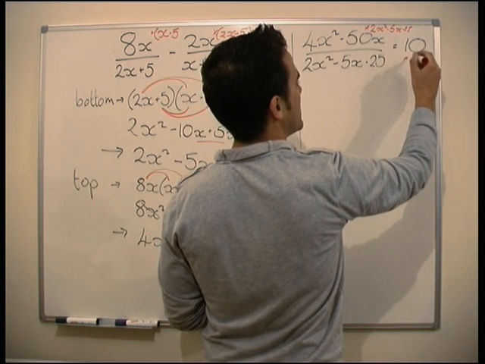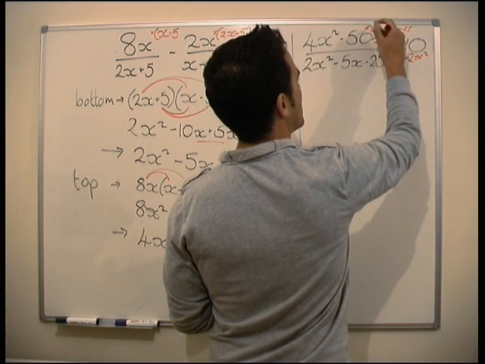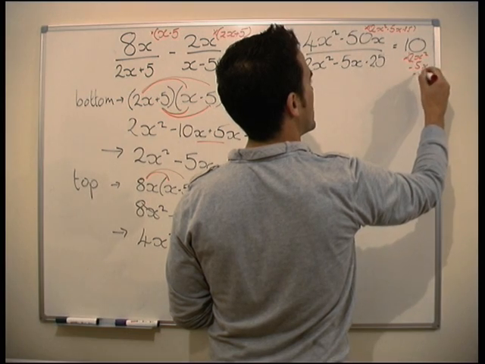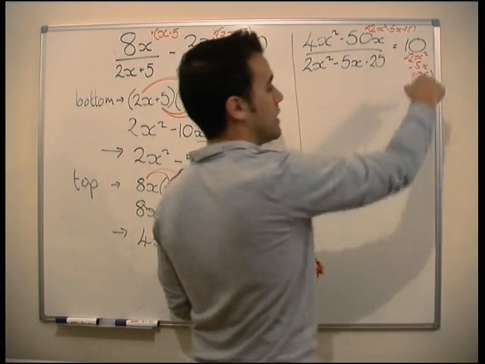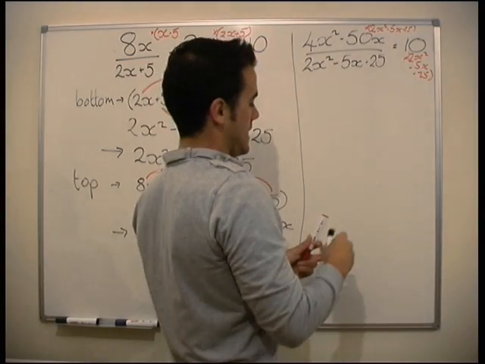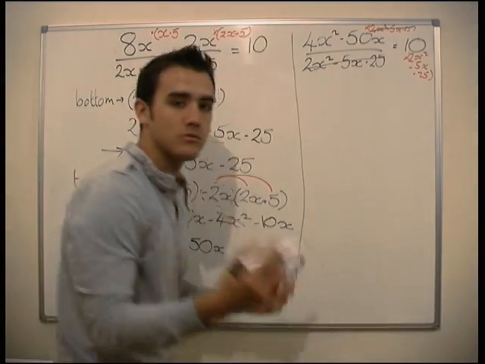We need to do the same here. 2x squared minus 5x minus 25. I've had to write this slightly funny way, so I'm running out of room. And we know that if we do it on this side, we're going to cancel those out, so we get rid of those.